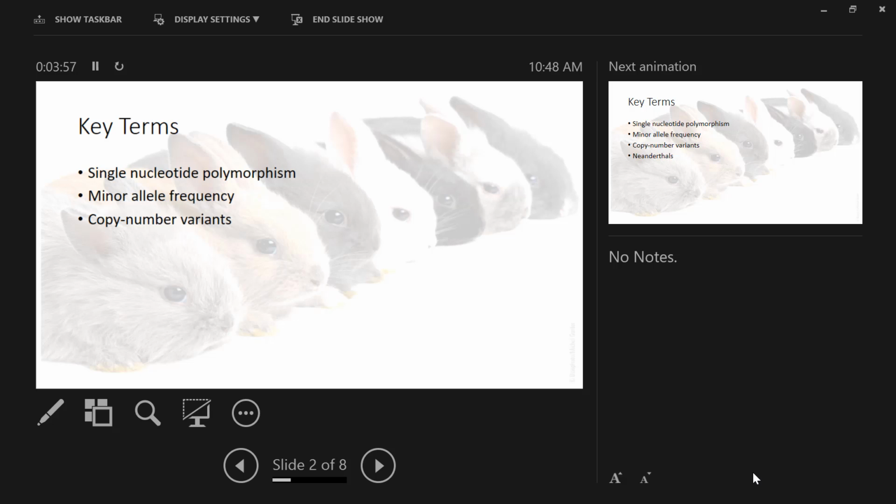And so you've essentially changed the number of copies you have of a particular region on a chromosome. Okay? So typically these copy number variants are going to be in the thousands of bases, in the kilobase size. But occasionally they're in the megabase size, in millions of bases. And most often these are duplications, but sometimes they're deletions.